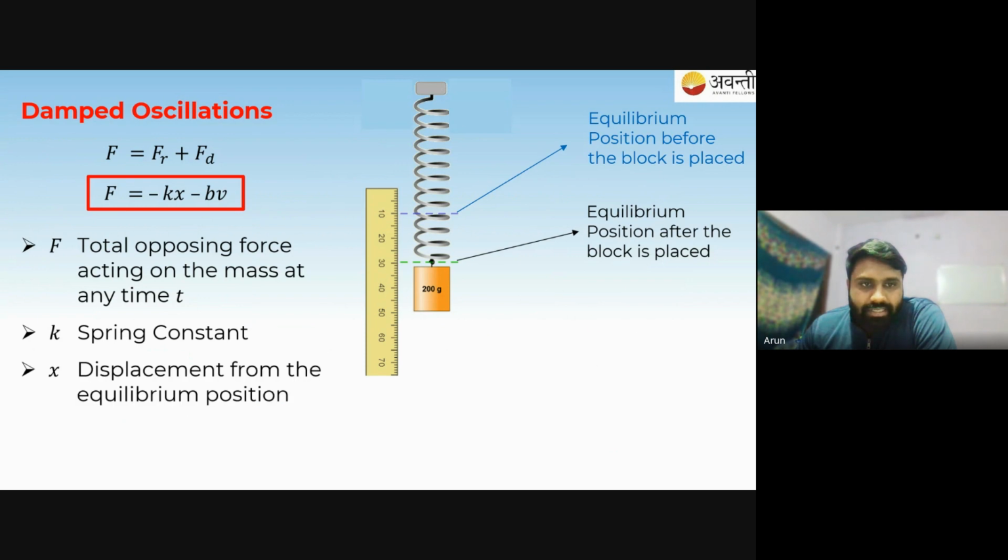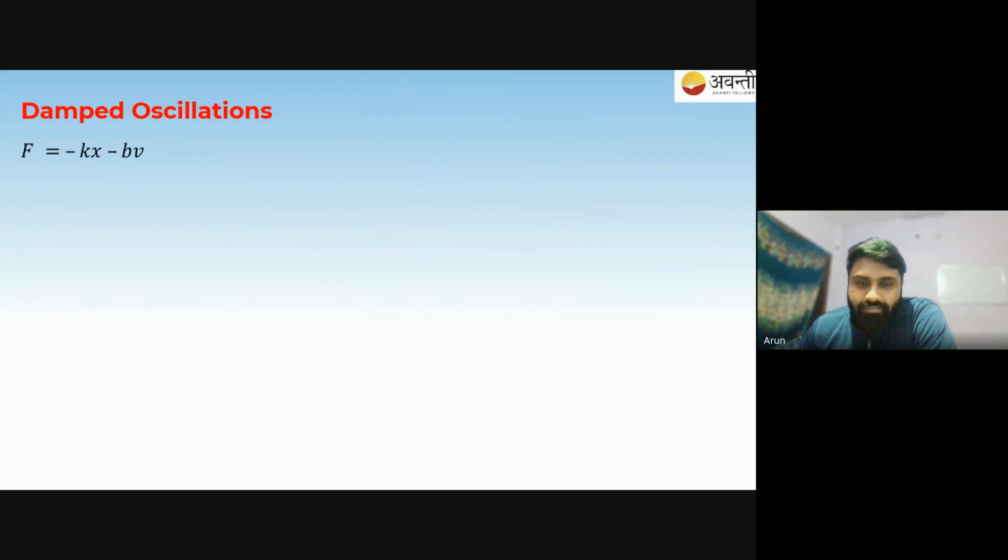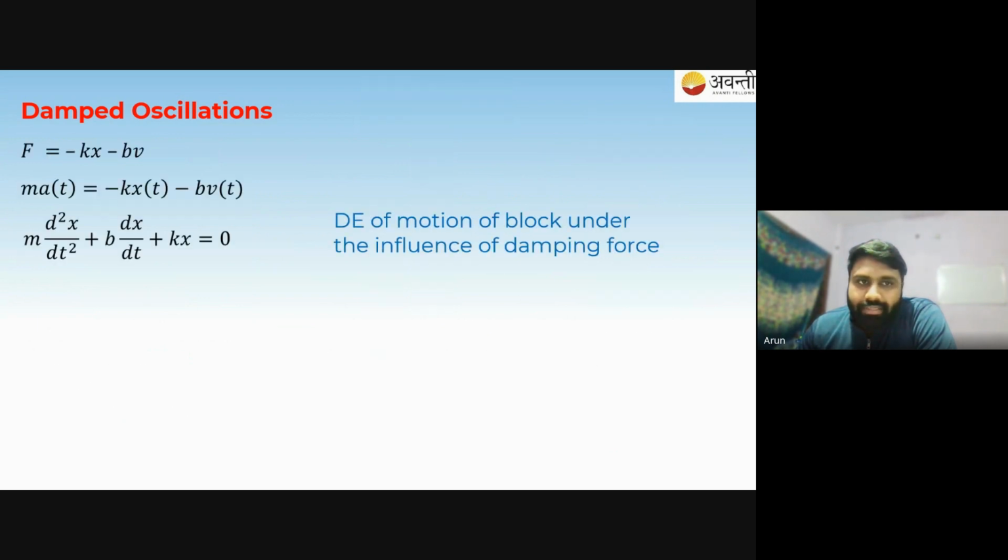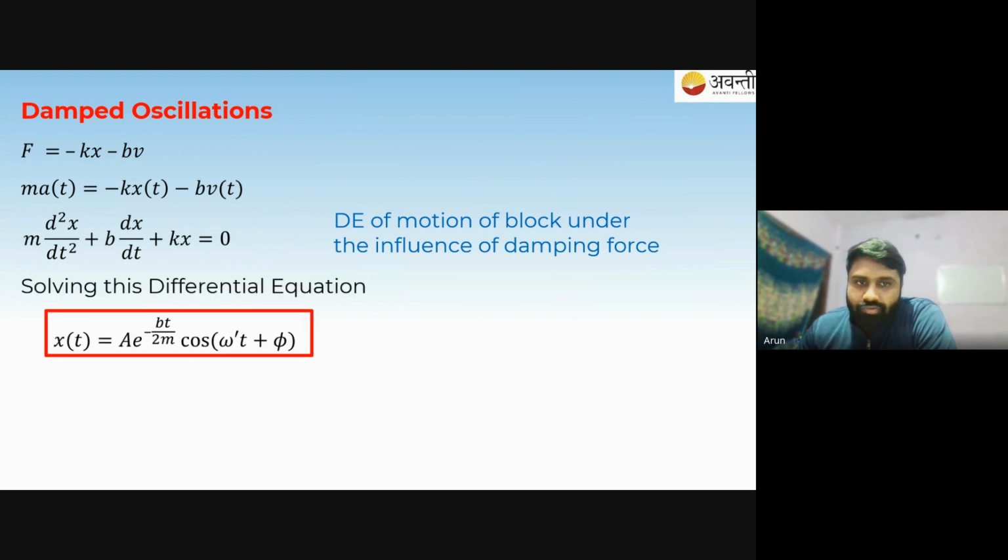If you take all of these calculations, you will get a second order differential equation. And if you solve it, which is not in your syllabus, then x(t) will come out as A into e raised to the power minus bt by 2m, cos(omega dash t plus phi).